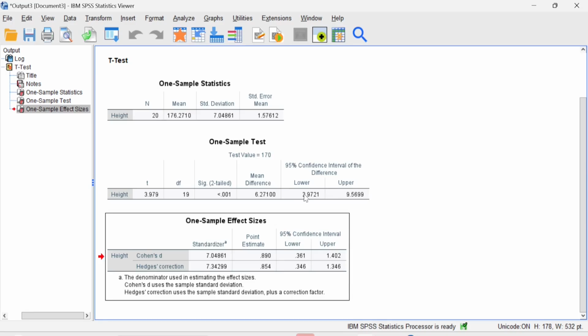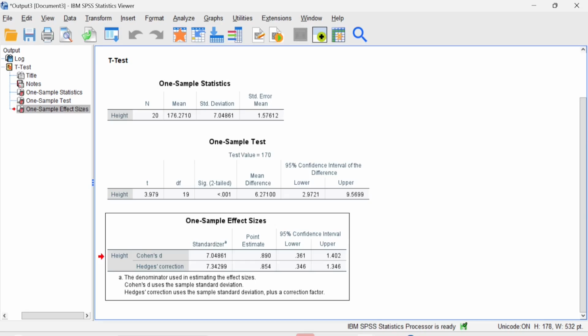So 2.97 to 9.57 does not contain 0, because for it to contain 0, there should be negative and positive values. Here the signs are the same, positive, positive, which suggests that our mean value is above the population mean. That's why these values are positive and all to the right of 0, which suggests that it's higher and there's a statistically significant difference, since the interval does not include 0. So the same way, we are rejecting the null hypothesis, confirming that there's a significant difference between the sample mean and the population mean.